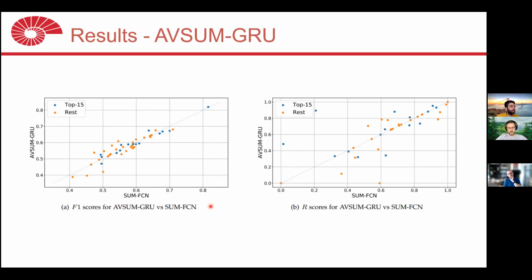We have seen that the F1 scores are accumulating along the diagonal. This states that these two architectures are behaving similarly, which is kind of expected because we are only playing with the input. But still, the majority of the top 15 videos are over the diagonal, which means that we are getting some positive improvements.